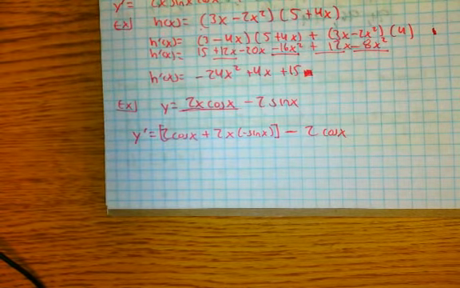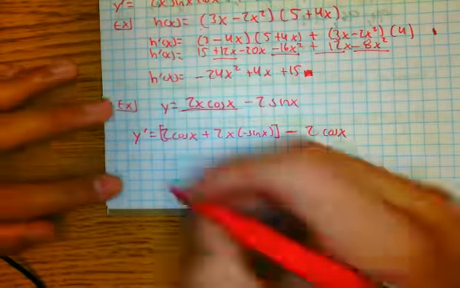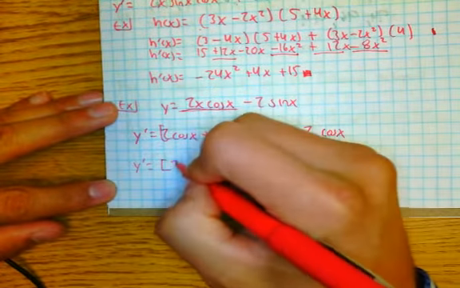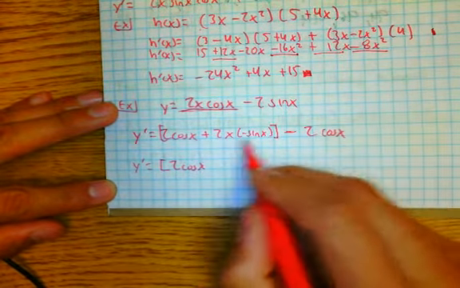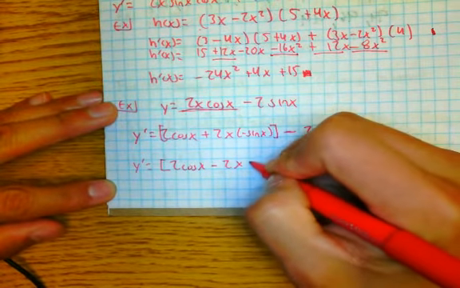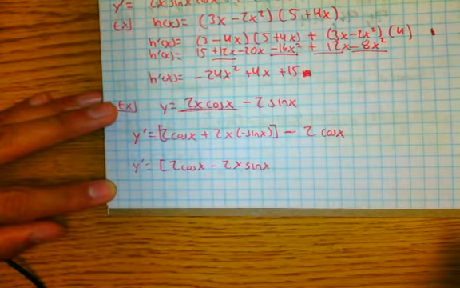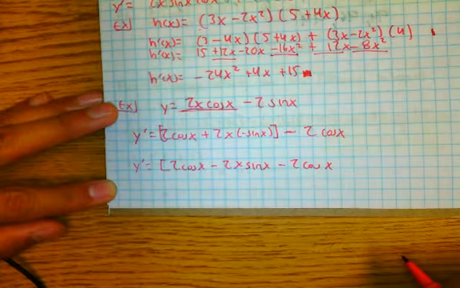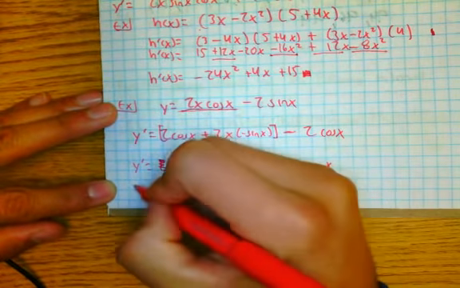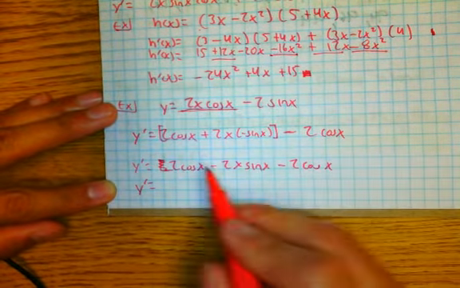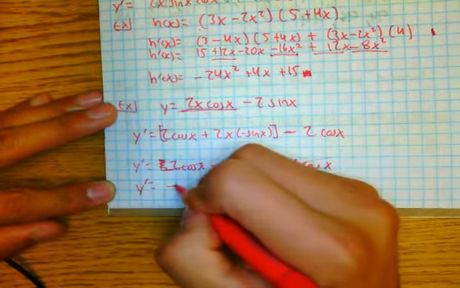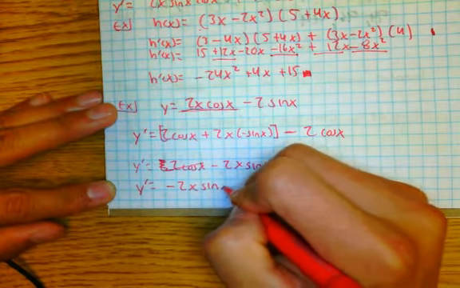So y prime equals 2 cosine x minus 2x sine x, agreed? Minus 2 cosine x. And you should notice then that the 2 cosines are going to cancel out, leaving you with negative 2x sine x as your final answer. Questions?